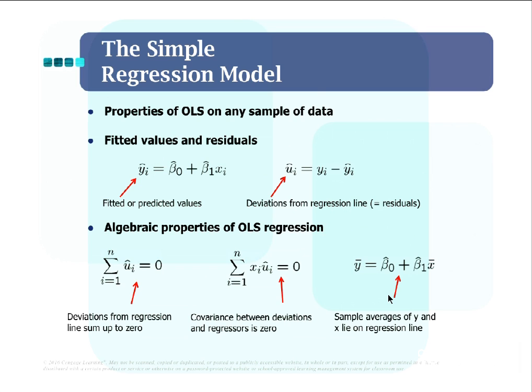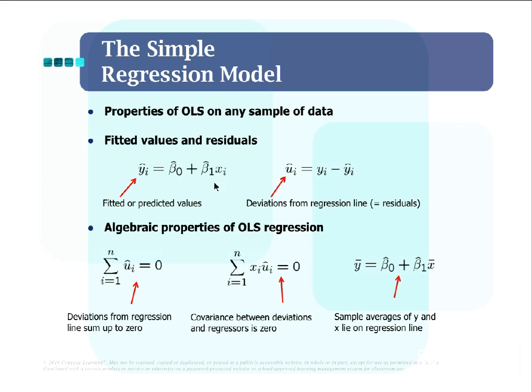So here we study the properties of OLS estimates. We know how to compute beta 0 hat and beta 1 hat. Given beta 0 hat and beta 1 hat, we can construct this yi hat, which is called the fitted value or predicted value, which equals beta 0 hat plus beta 1 hat times xi.